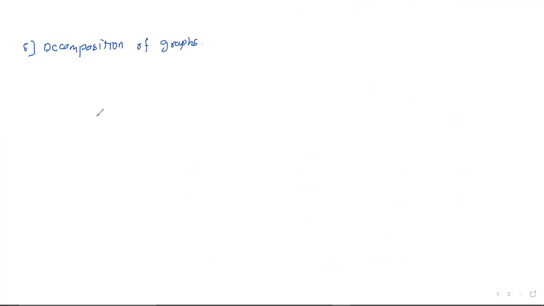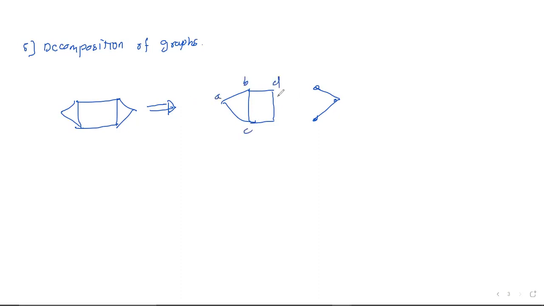Here decomposition means we are getting two graphs, so suppose we draw a graph like this. If we combine these, then we get the same graph. So here we have vertices B, C, D, E.